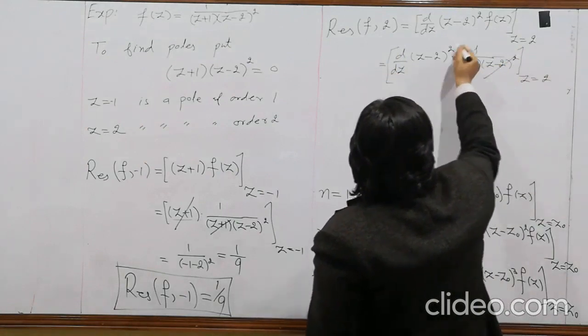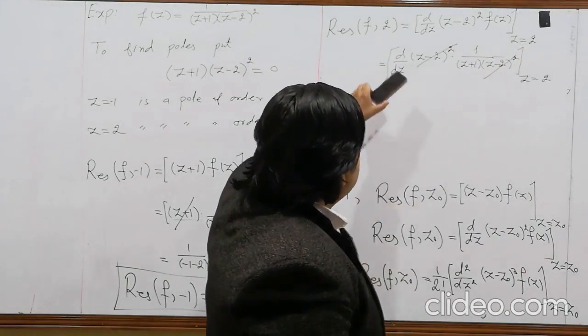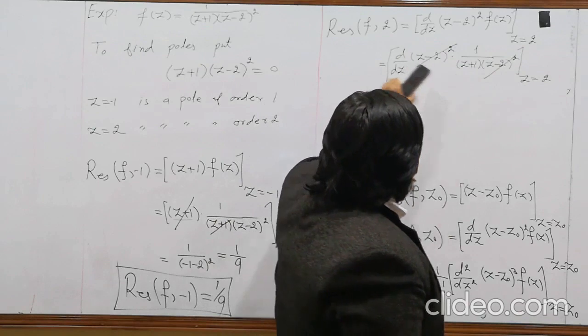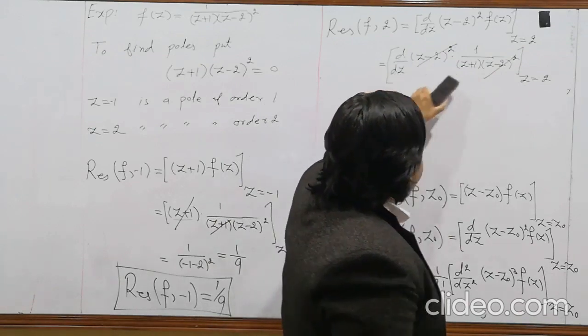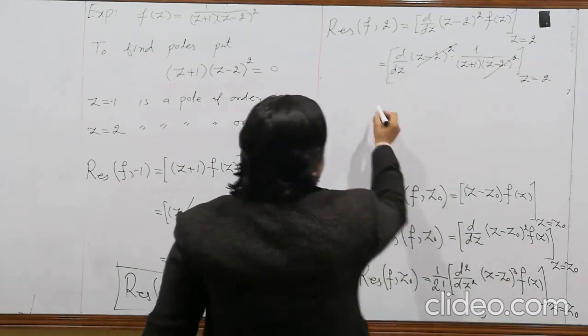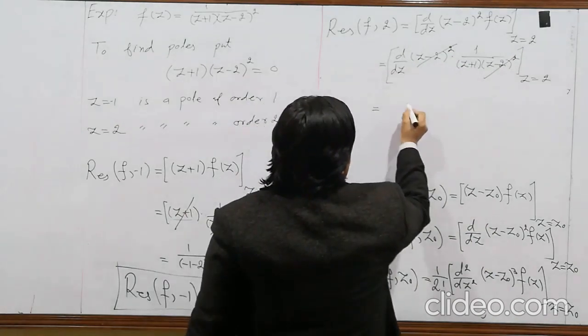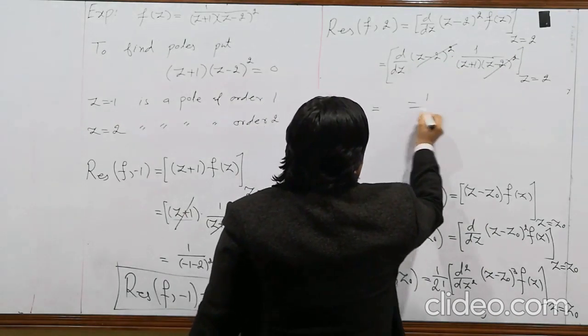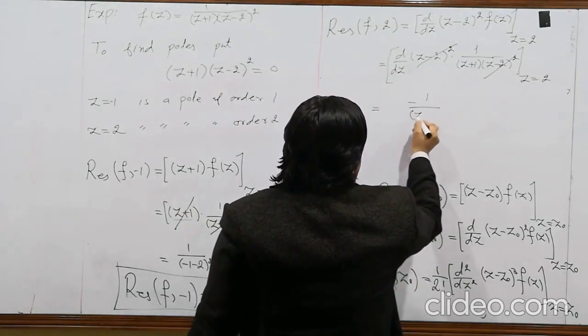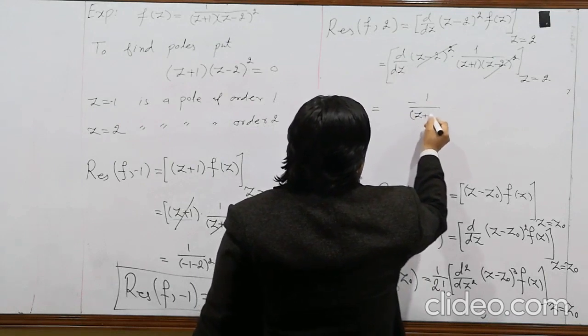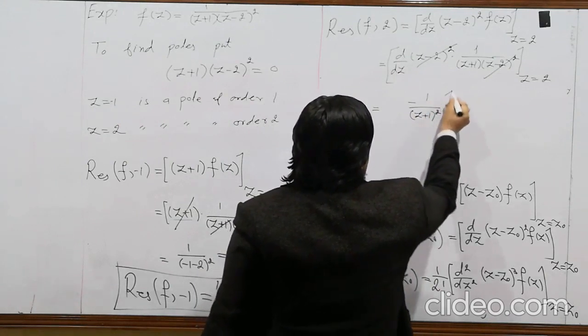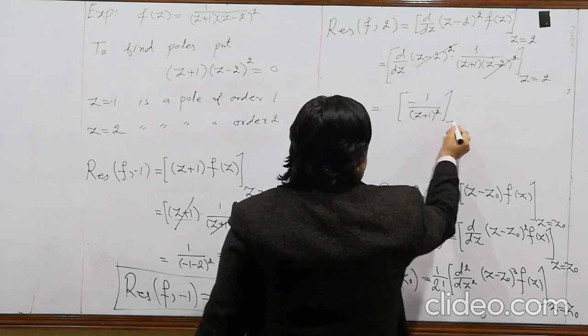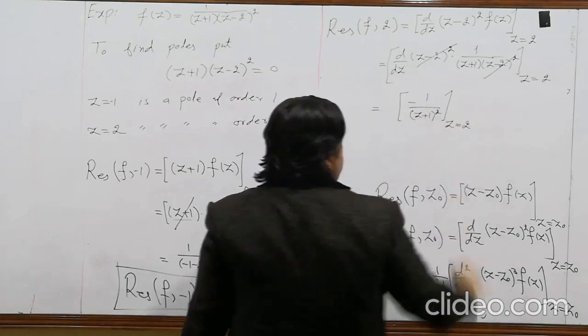So this will be cancelled with this one. So now I have 1 over z plus 1, but I have to find d by dz of this function. We have to differentiate this. If I differentiate this, I will get minus 1 divided by z plus 1 whole square. And again, z is equal to 2 is the given point.